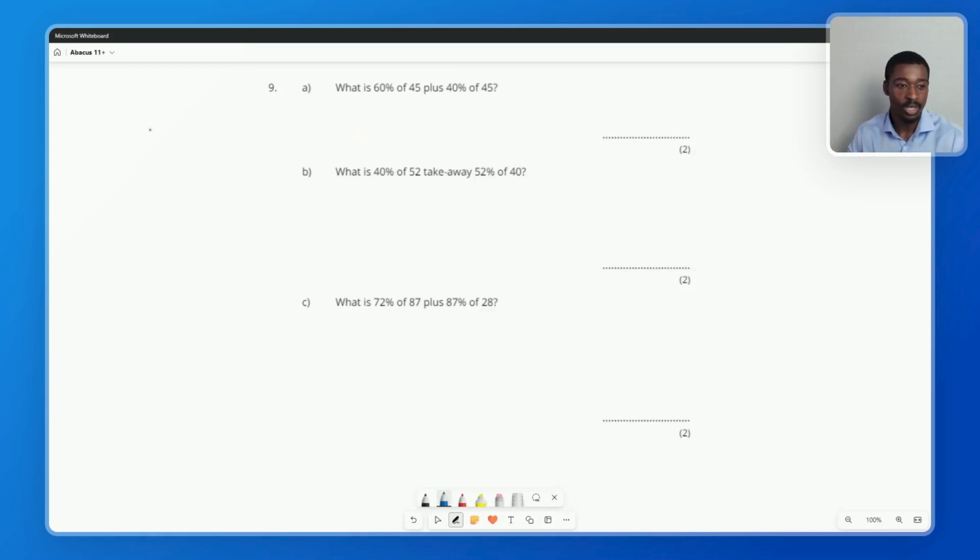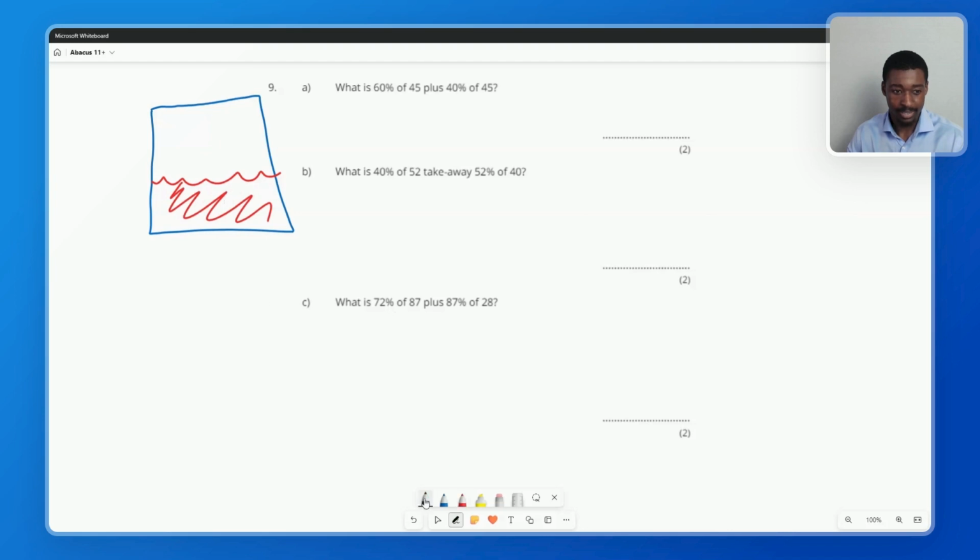If we have a bottle and we're told to work out what 40% of that bottle plus 60% of that bottle equates to, it's just going to be the full bottle, because 40% and 60% makes 100%.